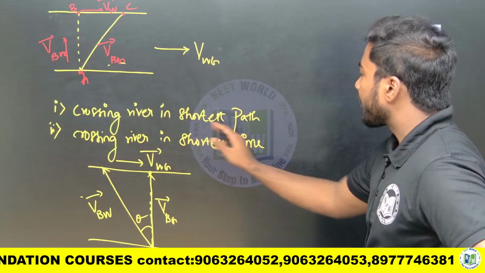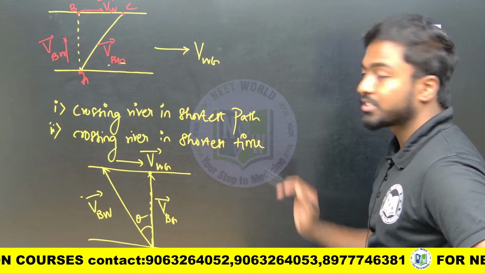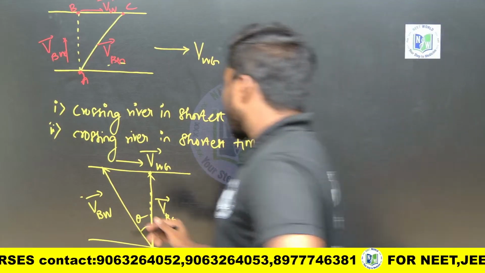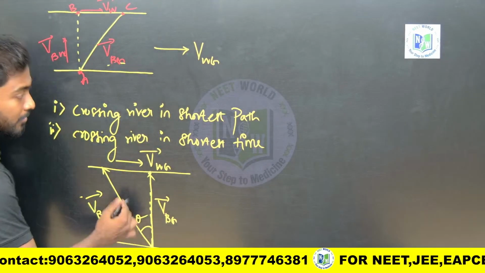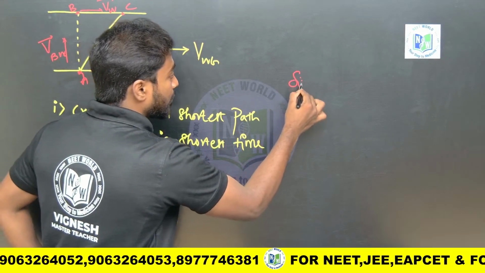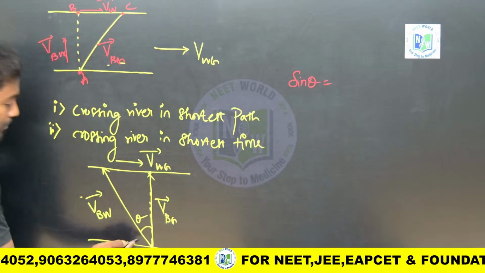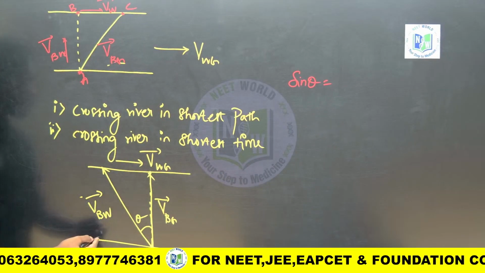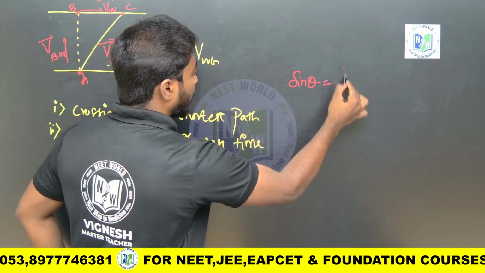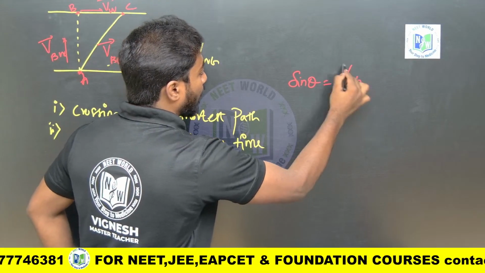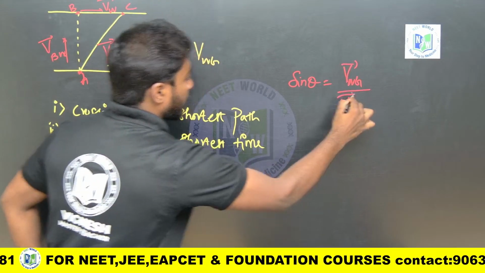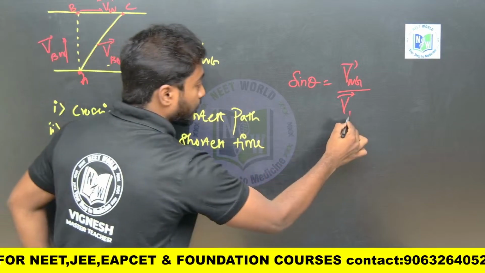Now, crossing the river in the shortest path and crossing the river in the shortest time, both we are going to calculate. First we will calculate the angles. Sin theta is opposite by hypotenuse, velocity of water with respect to ground divided by velocity of boat with respect to water.